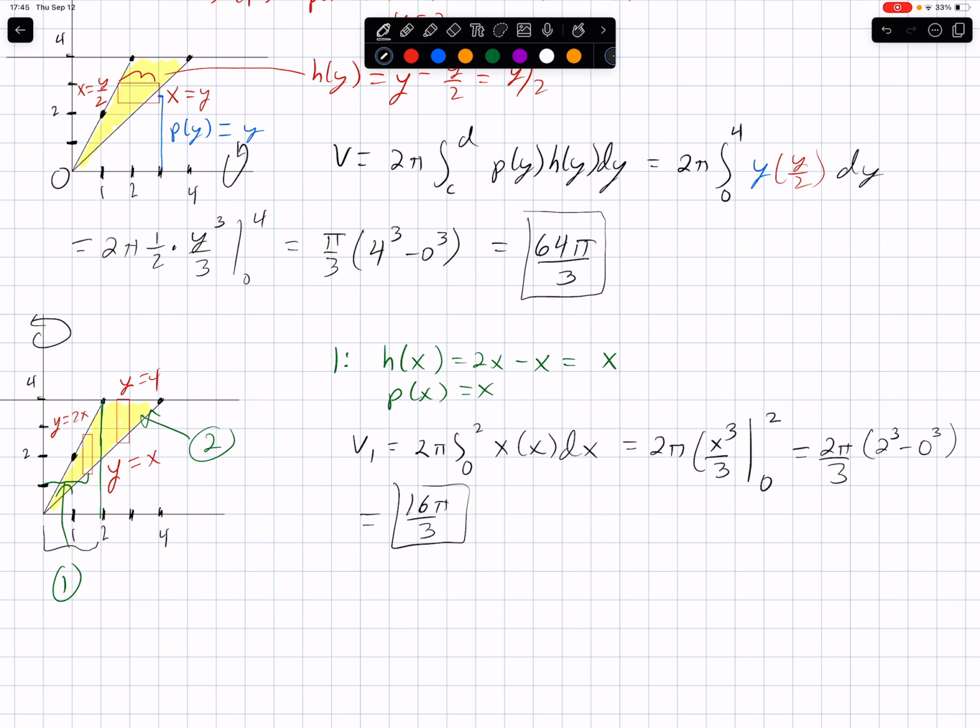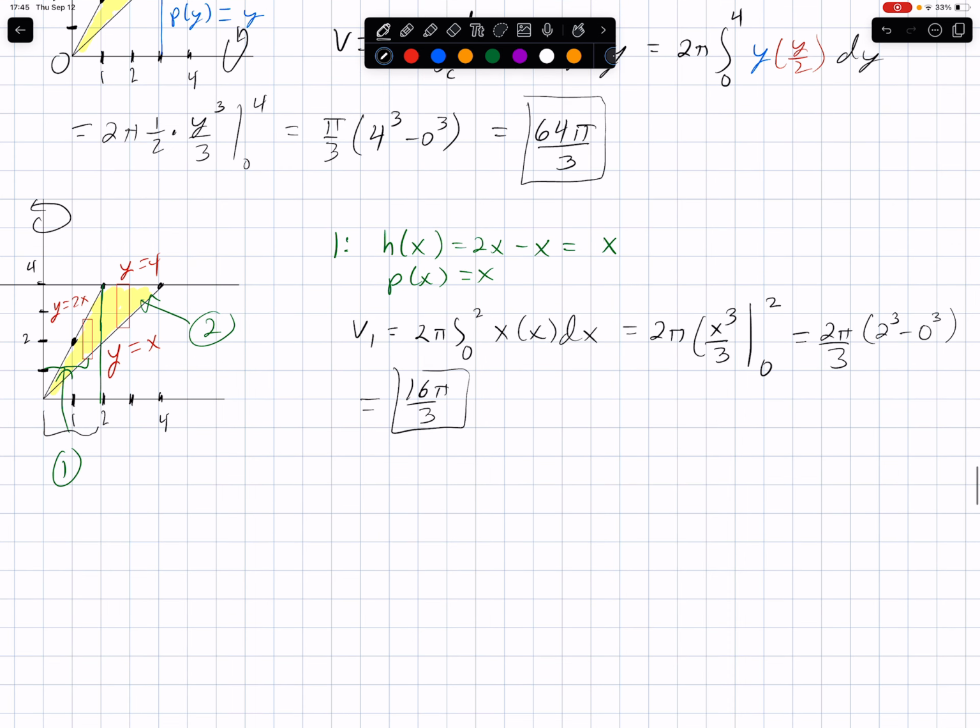All right, now when we look at the second region, the upper function is going to be y equals 4, and the lower function is still x. And p of x is still the same. That's still going to describe the distance to the axis of revolution. So the volume for the second piece is going to be 2 pi, and we're going from 2 to 4. Oops, sorry, I didn't put in the x. I'm going too fast for my hand here. So we've got x, and then 4 minus x, dx.